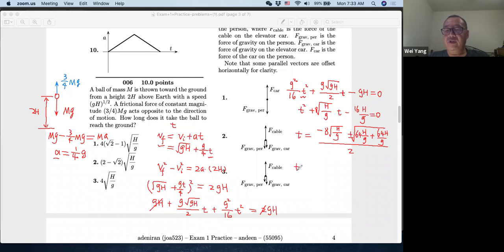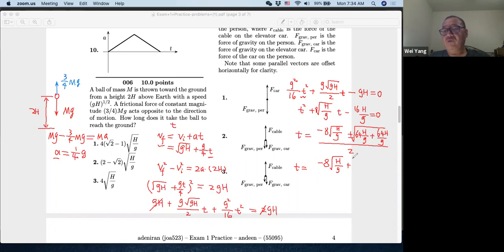So we get t equals this one. Let's write it one more time. 8 times the square root of h over g, plus, you add these two terms together, that will be 128 times h over g.